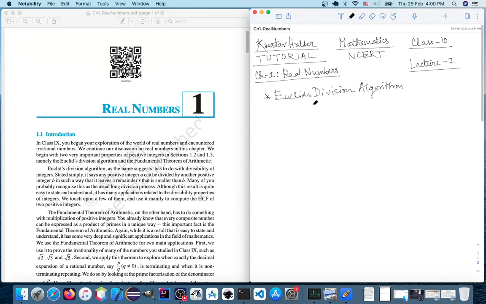Okay, what does Euclid's division algorithm say? It has to do with divisibility of integers. The main purpose of this algorithm is about divisibility of integers.